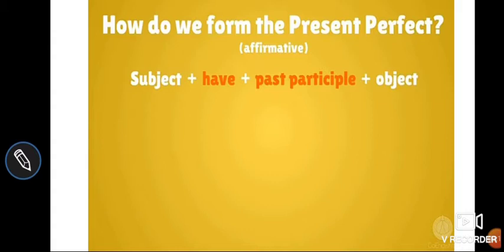Plus object. Object is something on which the action is being done. Subject is something which is doing the action and object is something on which the action has been done. So, don't get confused here.